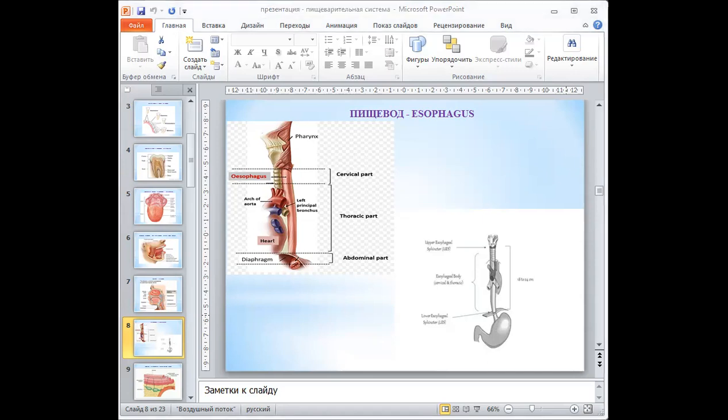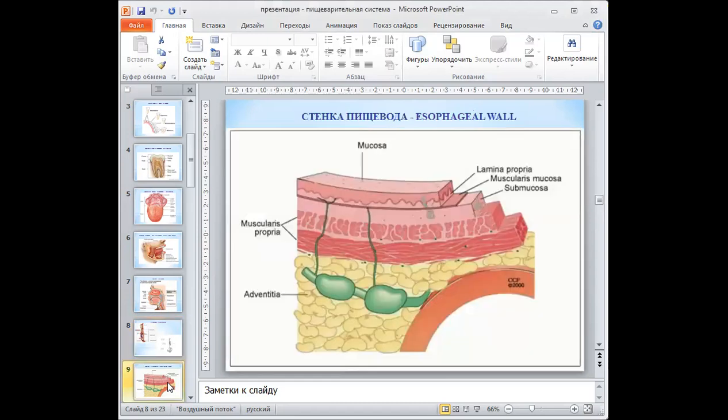The esophagus has 2 sphincters, at the entrance to the esophagus and at the exit from the esophagus. The wall of the esophagus is multilayered. The outer layer is formed by loose connective tissue.